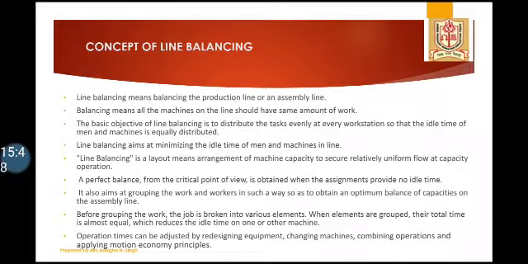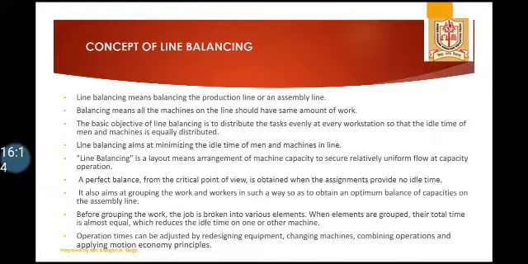Line balancing is a layout, meaning arrangement of the machine capacity to secure relatively uniform flow at capacity operation. A perfect balancing from the critical point of view is obtained when the assignments provide no idle time. It also aims at grouping the work and workers in such a way as to obtain the optimum balance of capacities on the assembly line.